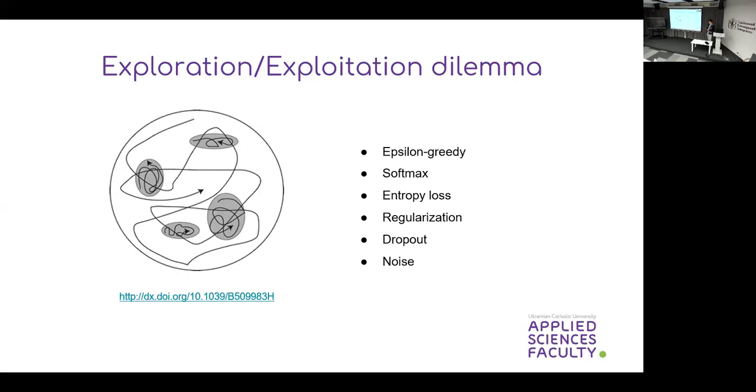It also gives us the possibility to explore or exploit with some probability. For some agents like advantage actor critic, we have entropy loss that we want to maximize, and in that way we want to explore the environment. We have some different techniques like regularization, dropout, or adding noise to basically generalize better the environment and in that way to explore it better.